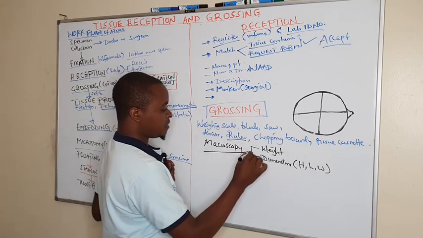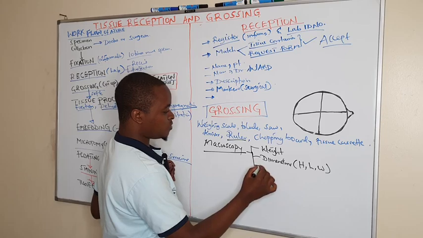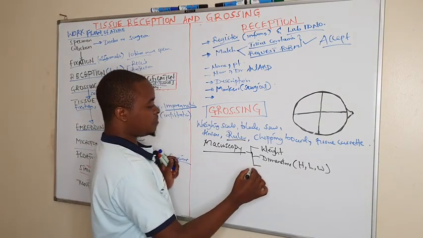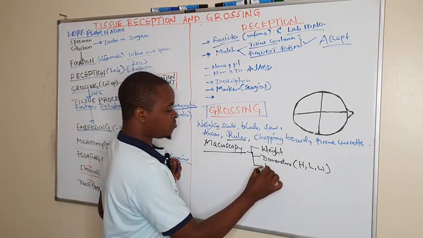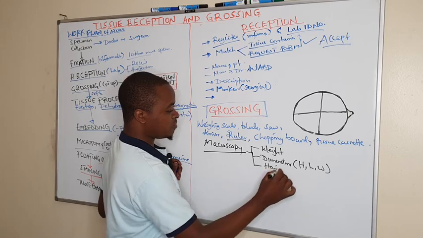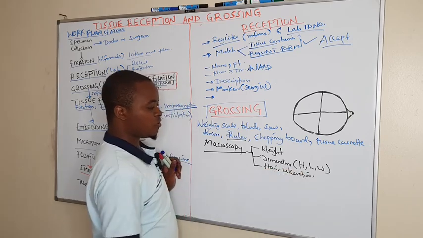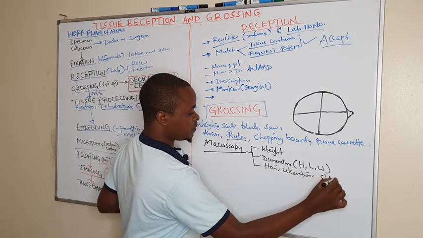Then we define the peculiar features on the sample. In case of presence of hair, we record it. Presence of ulcerations on the sample, we also record it and their location.